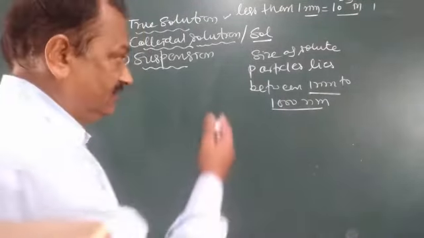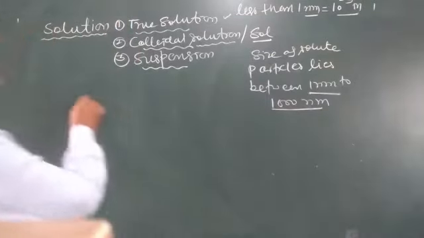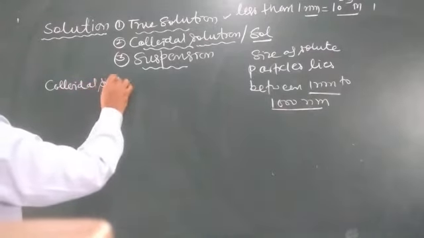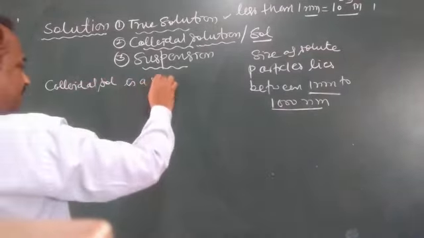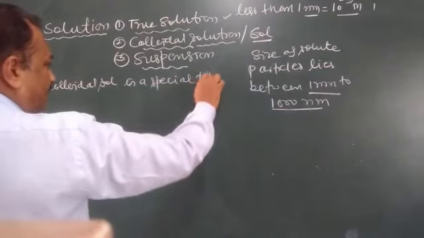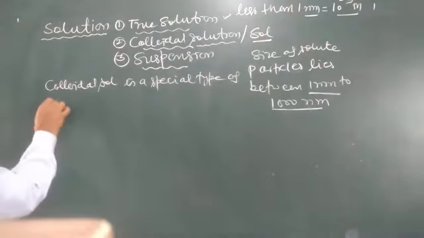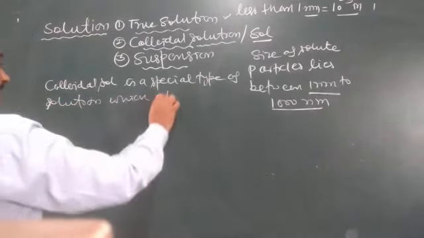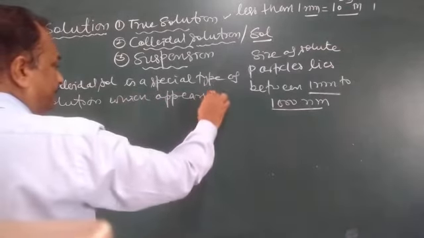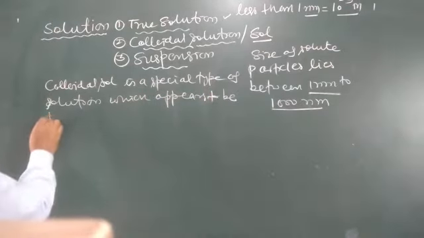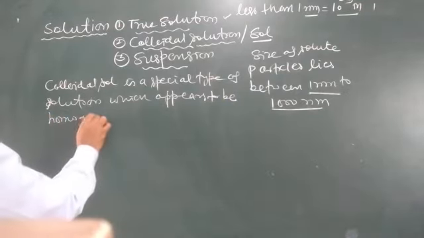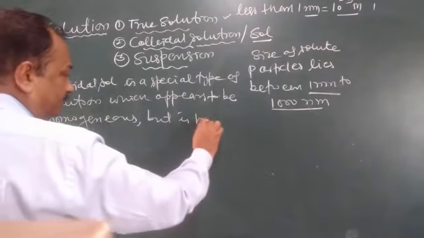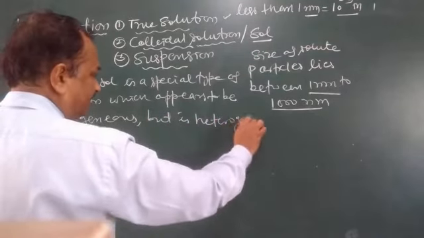So see the definition. Colloidal solution is a special type of solution, which appears to be homogeneous, but is heterogeneous.